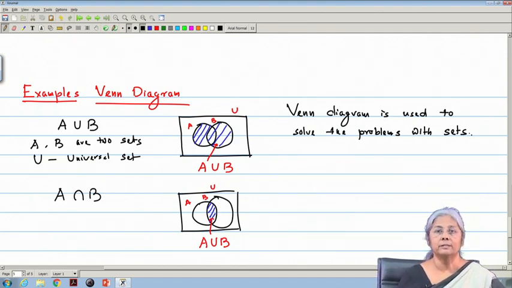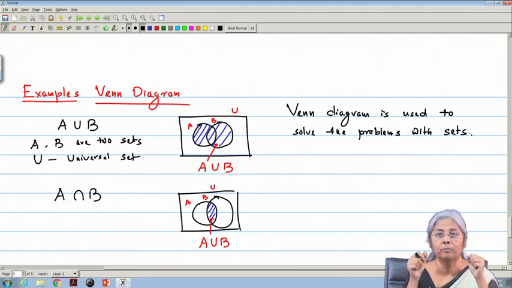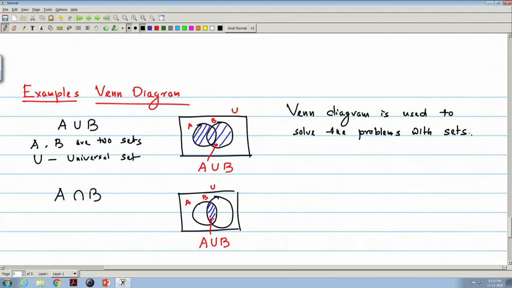And we see one example, one class of problems that we can normally solve very easily using a Venn diagram. So, we take one example.